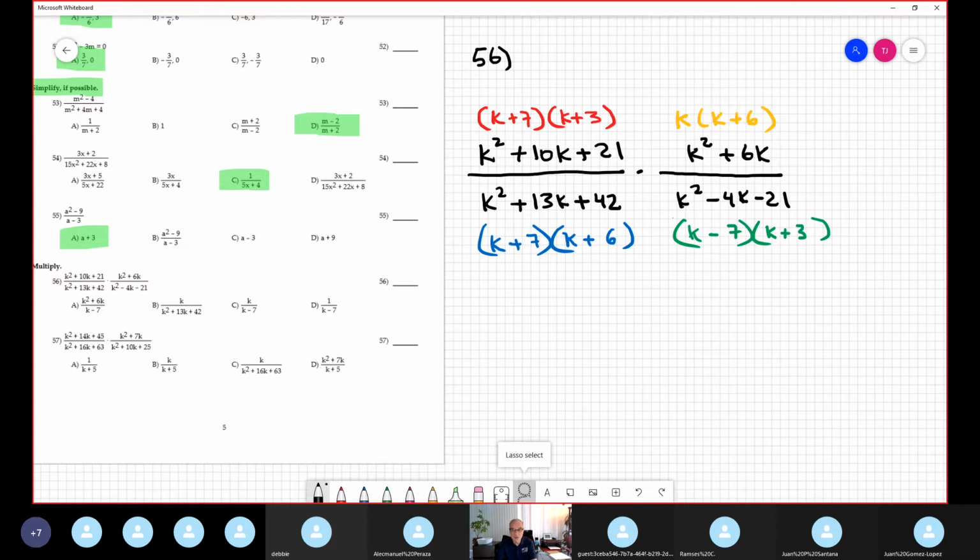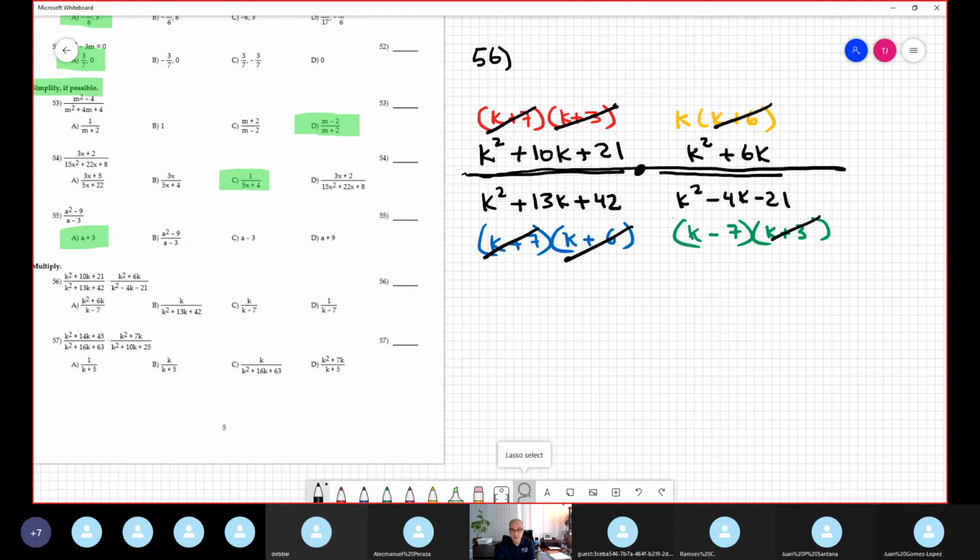Now it's the crucial moment in which you delete the common factors. Remember, this is the entire top and the entire bottom, separated here only by the multiplication. So k plus 7 and k plus 7 cancel out, k plus 3 and k plus 3 cancel out, k plus 6 and k plus 6 cancel out.